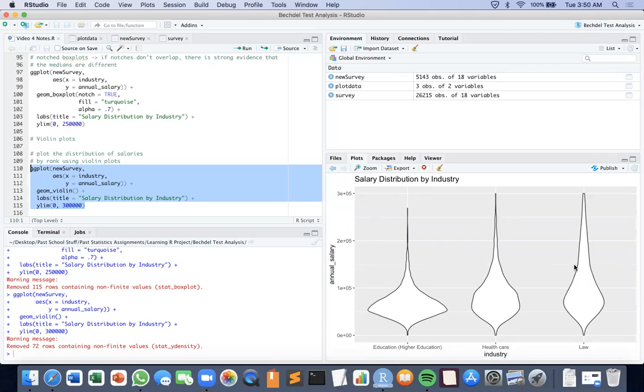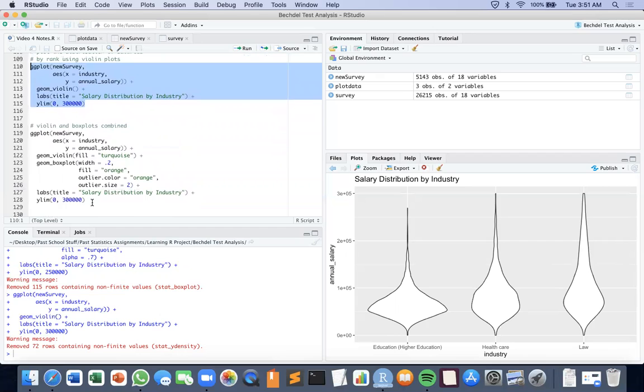It's like the kernel plots we got, just turned onto their sides and reflected across an axis. So we can draw some of the same conclusions we drew before, like law has more area here at the top at a higher salary, whereas education has a lot of people near its median.